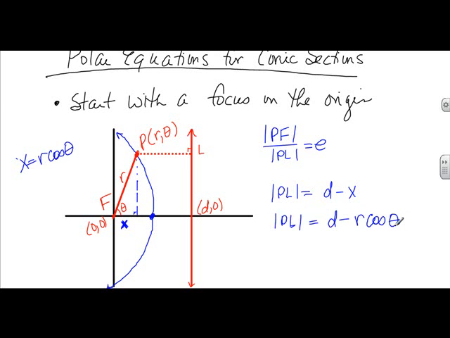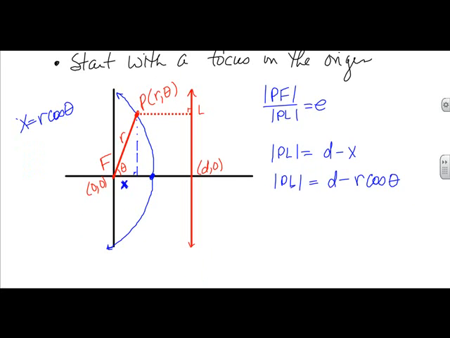Okay, so the absolute value of PF divided by the absolute value of PL must equal r divided by d minus r cosine theta. And that's equal to the eccentricity, the value e.